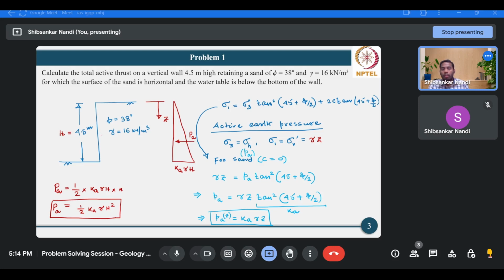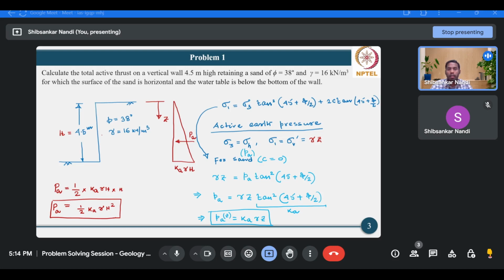Whatever value of the total active thrust, or the variation of this active pressure, we have obtained, this is on the basis of Rankine's earth pressure theory.